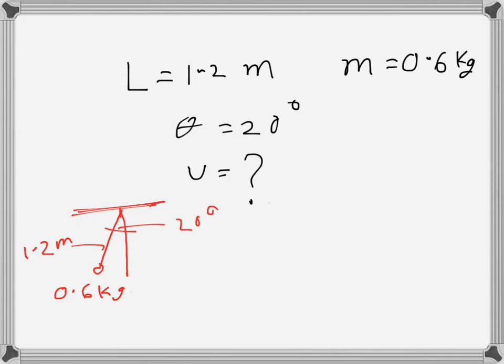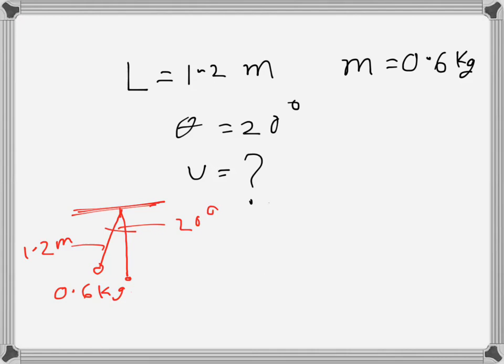So this is the information. We need to find its maximum velocity when it's moved, that is at the position where the potential energy changes fully into kinetic energy.